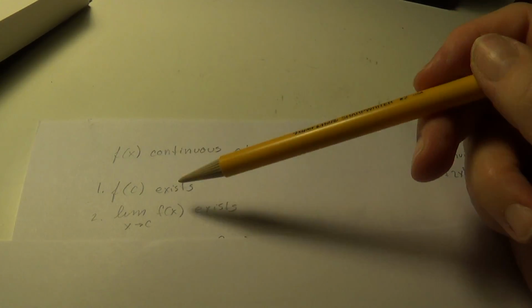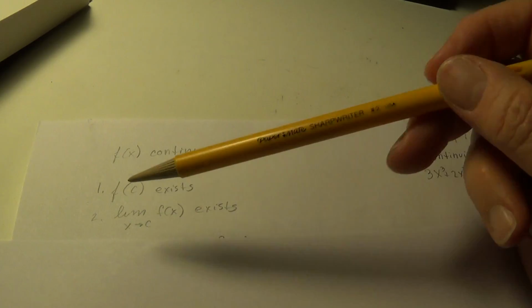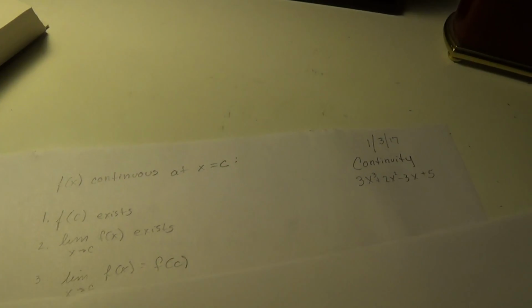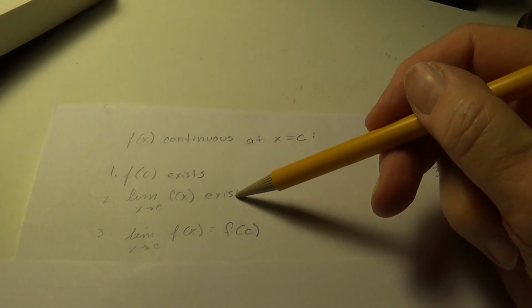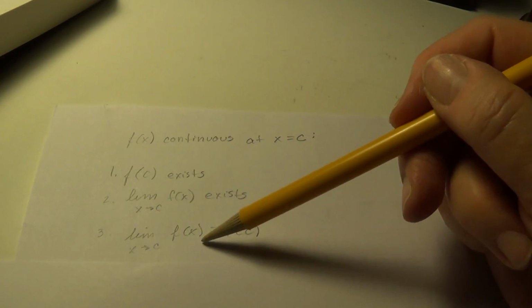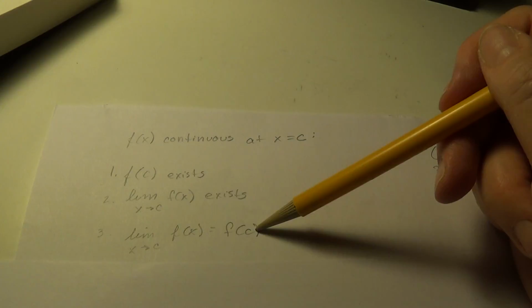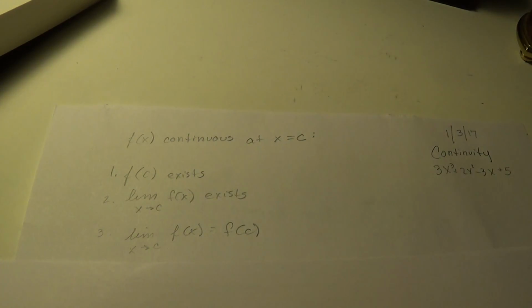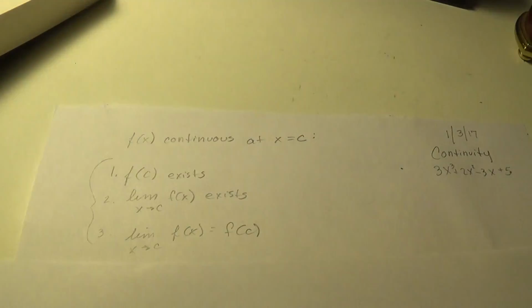And remember, for a limit to exist, it'll be from the left and from the right. And then number 1 and number 2 have to be equal. So this limit from the left and the right will have to equal the function at the point c, the point of interest. So those are the three conditions for continuity at a point.